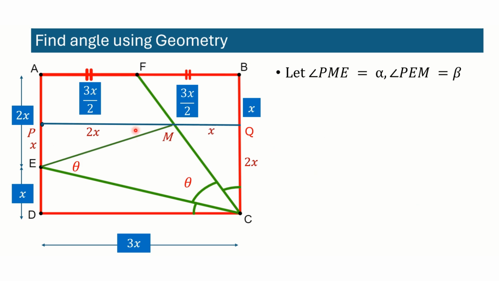Now let us say this angle is alpha and this angle is beta. That is, angle PME is equal to alpha, and angle PEM, that is this angle, is equal to beta.